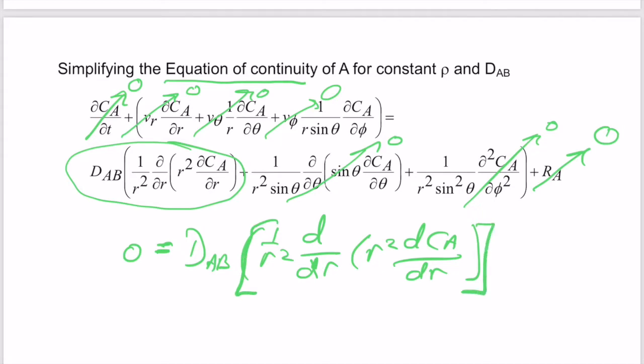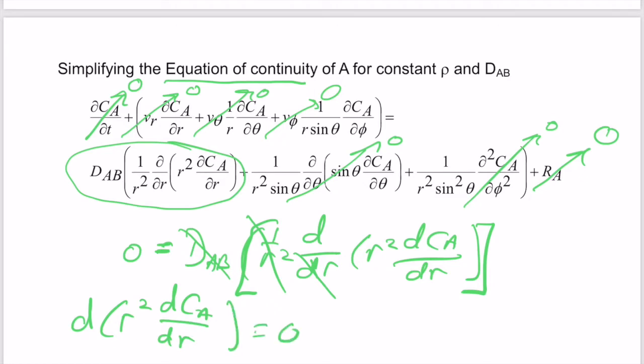All right, and so now I can divide by the diffusivity on both sides, and multiply by r squared on both sides. And I'm going to multiply by dr. I do this a little bit differently than the others. And so on this side, I just get d(r squared dCA/dr) is equal to 0.